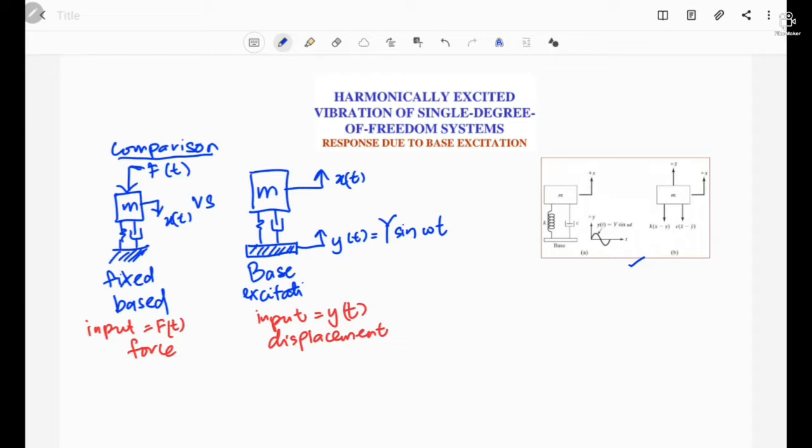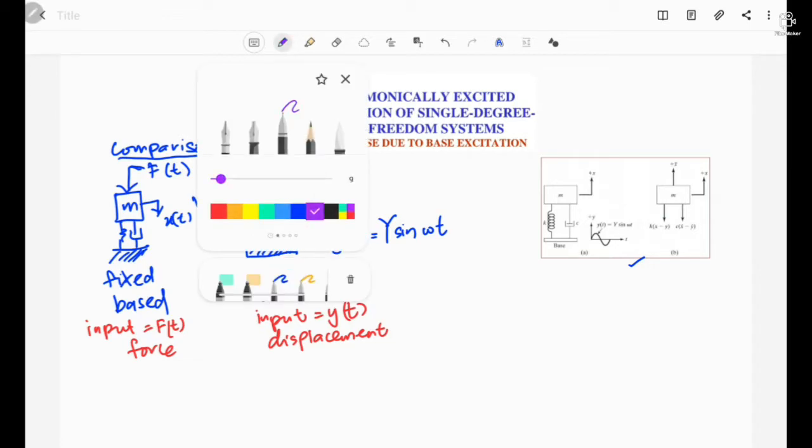We just follow the standard designation where when your force is going down, your x is going down, so that you get a positive response. Similarly here, because you have the base going up, you would want to draw your x(t) going up. All right. So let us take a look at how we derive the equation of motion based on the free body diagram. So we go first to the free body diagram.